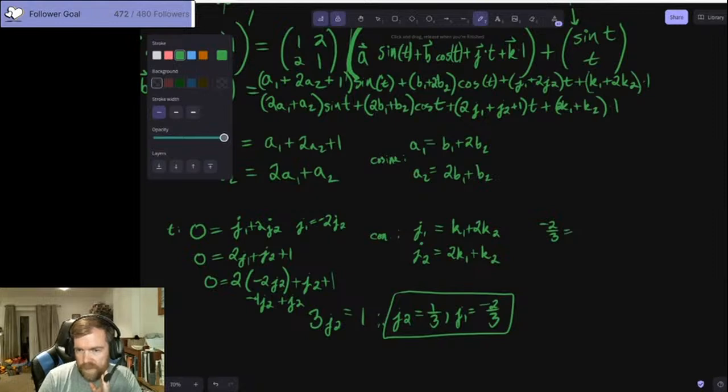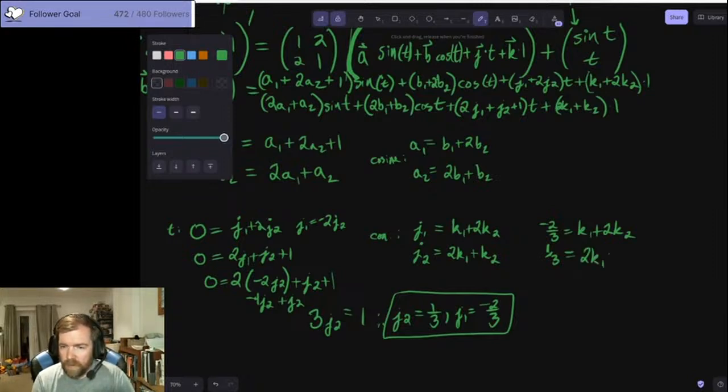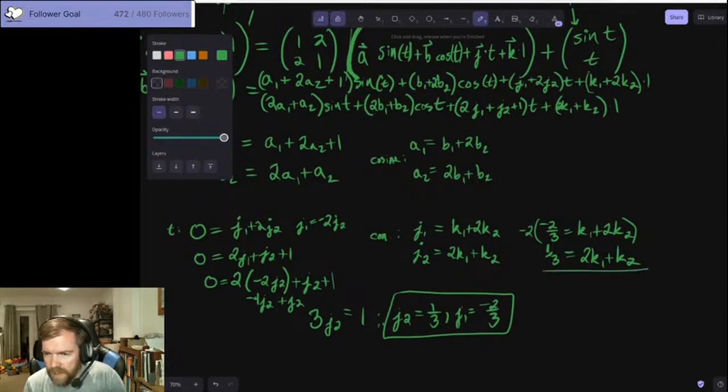Negative 2/3 is going to be equal to K1 plus 2K2. And J2 was 1/3, equal to 2K1 plus K2. Multiply this row by negative 2 and add.